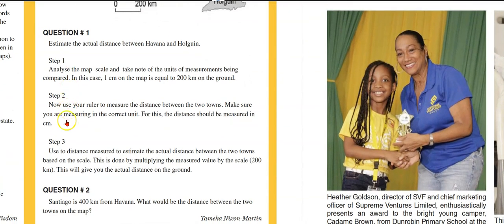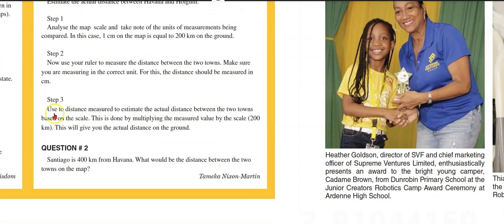Step 2. Now use your ruler to measure the distance between the two towns. Make sure you're measuring in the correct unit. For this, the distance should be measured in centimeters. Next, step 3. Use the distance measured to estimate the actual distance between the two towns based on the scale.